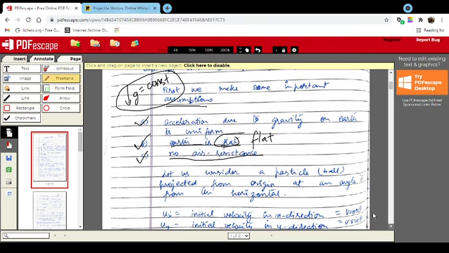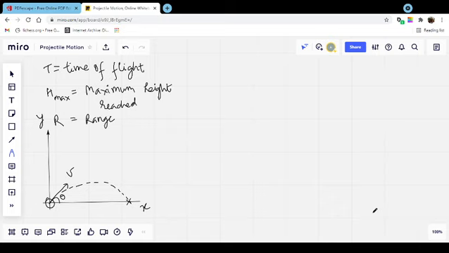So let us begin. These are our primary aims: the time of flight, the maximum height reached, and the range of the particle. The variable we are starting with is the velocity, because what we have in our control is the velocity v at which we are going to project the ball, that is v, the velocity of projection.